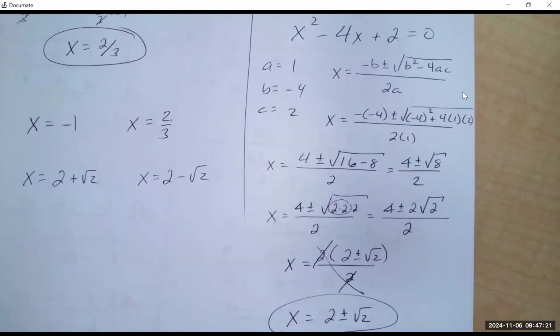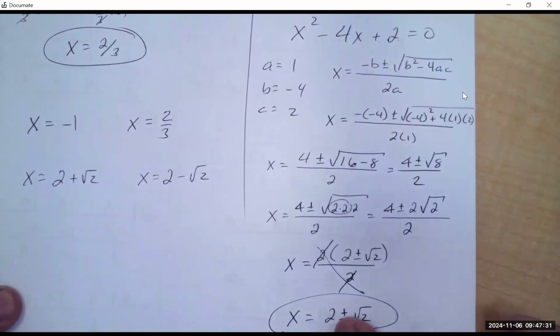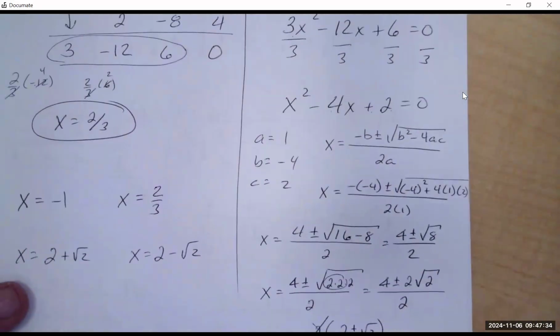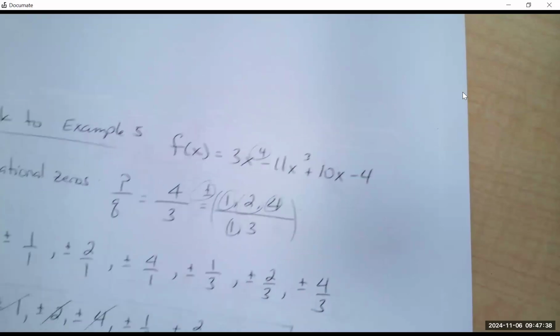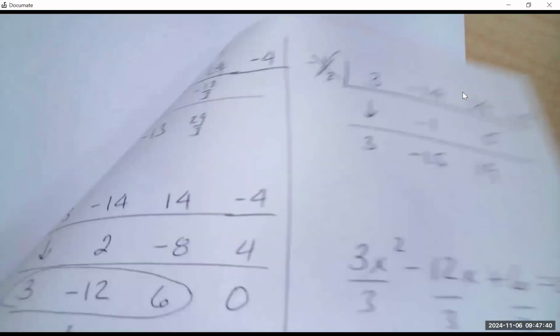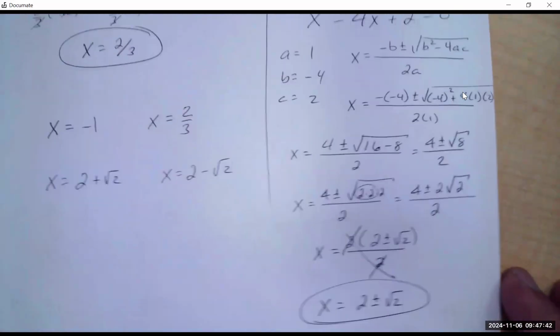Those are my zeros. Why is it important that I have 4 of them? Because the equation itself is a degree of 4. So I have to have 4.